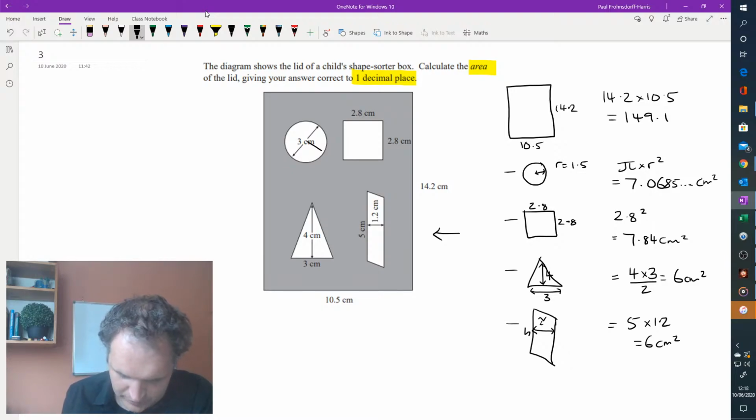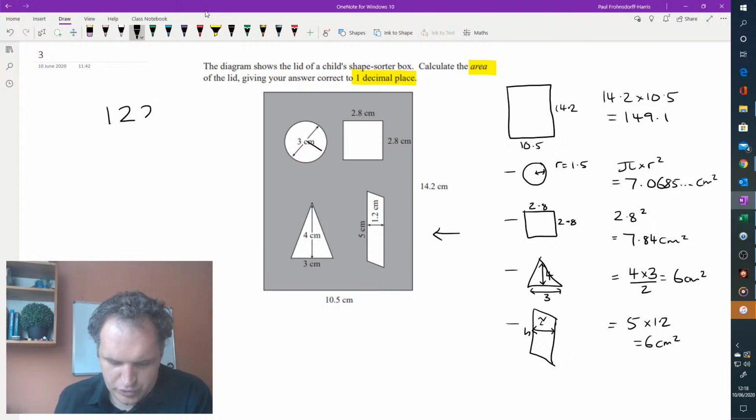So 149.1 minus pi times 1.5 squared minus 7.84 minus 6 minus 6. And it gives me the answer 122.1914.